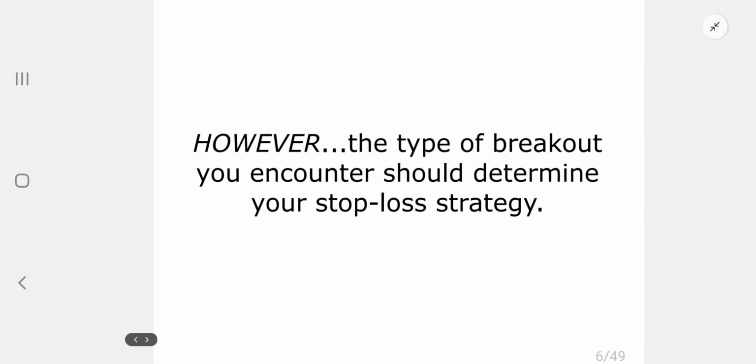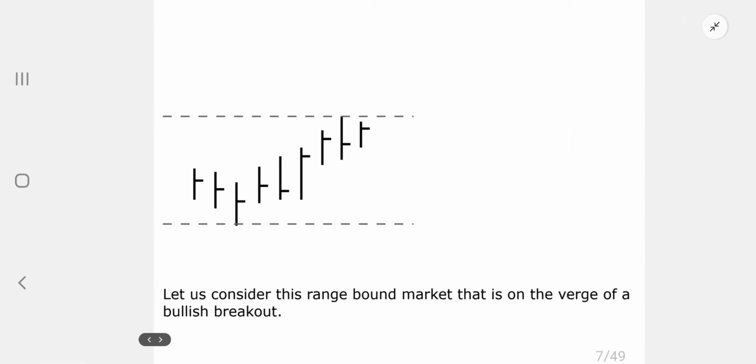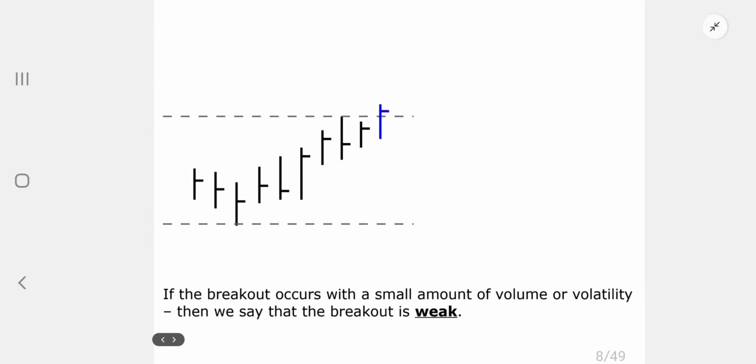However, the type of breakout you encounter should determine your stop loss strategy. Let us consider this range-bound market that is on the verge of a bullish breakout. If the breakout occurs with a small amount of volume or volatility, then we say that the breakout is weak.